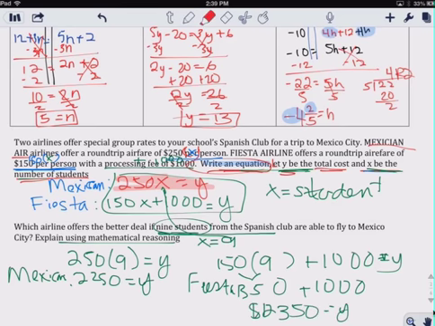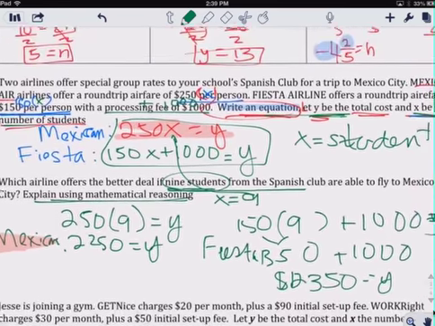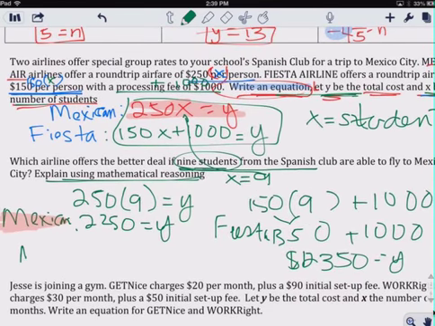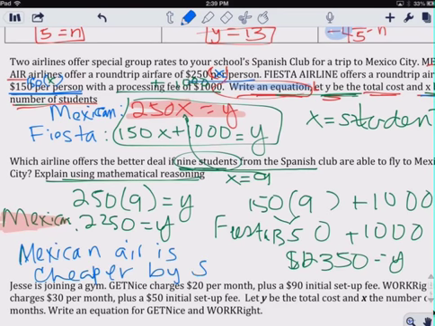So obviously Mexican Air is cheaper by $100. Explain using mathematical reason. Mexican Air is cheaper by $100.